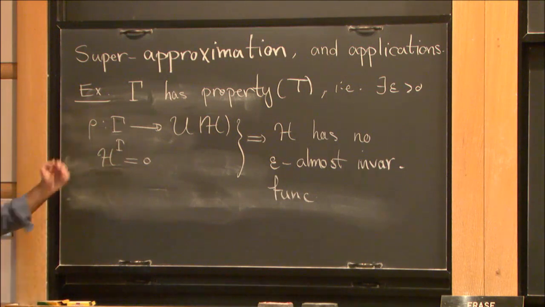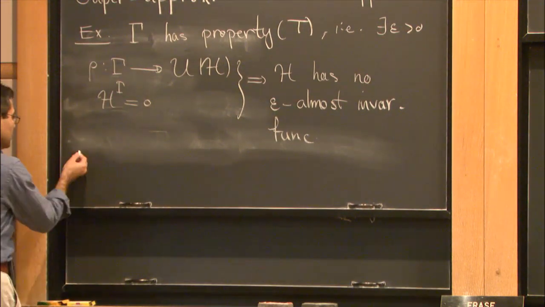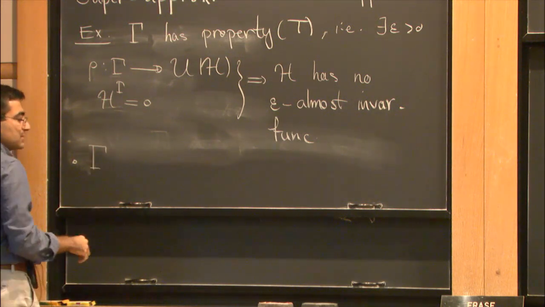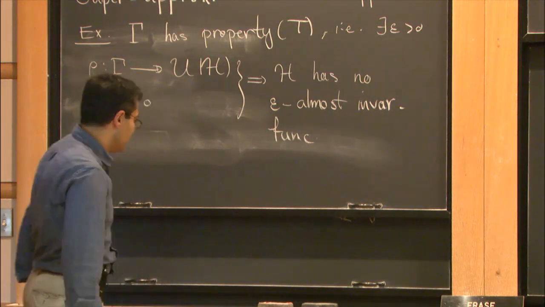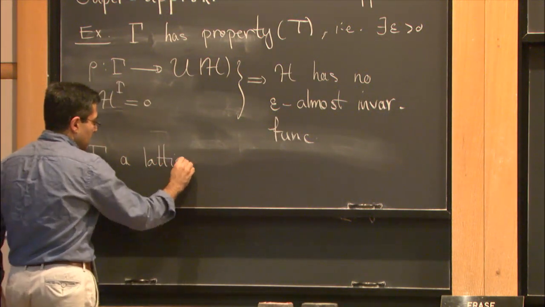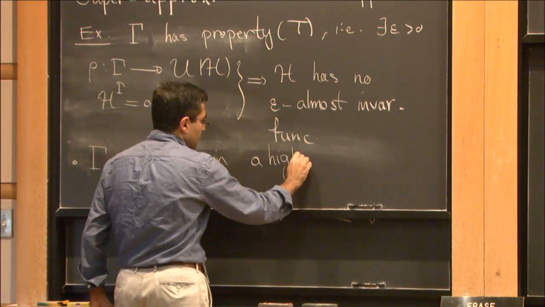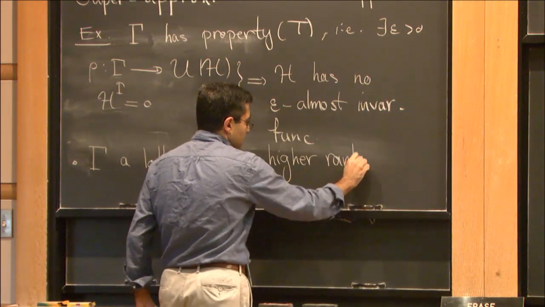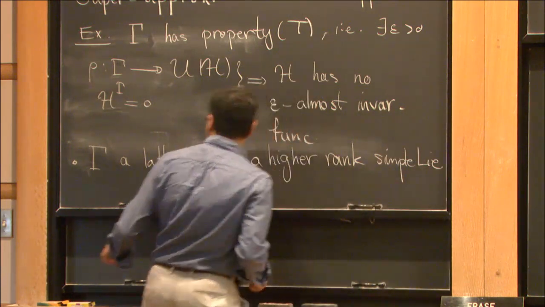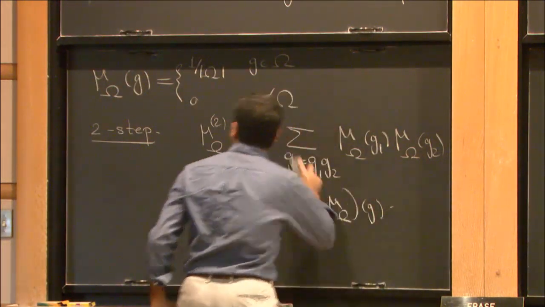So now the question is, do I have any such group? And yes, Kazhdan provided lots of them. So if gamma is a lattice in a so-called higher rank simple group, then we have this.